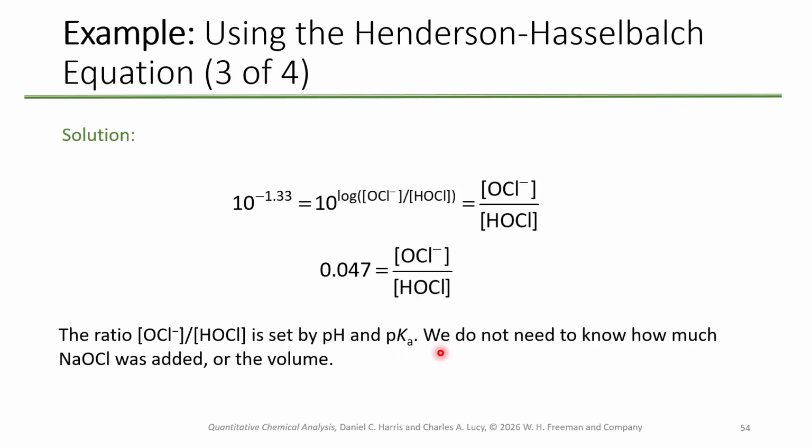So remember, to get rid of a log, you take 10 to the power of both sides. That's going to give us 10 to the negative 1.33 equals our concentration of base over acid. So that's going to give us a ratio, and that's the answer.